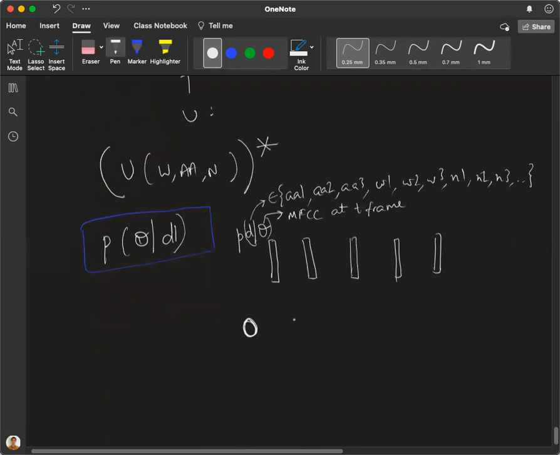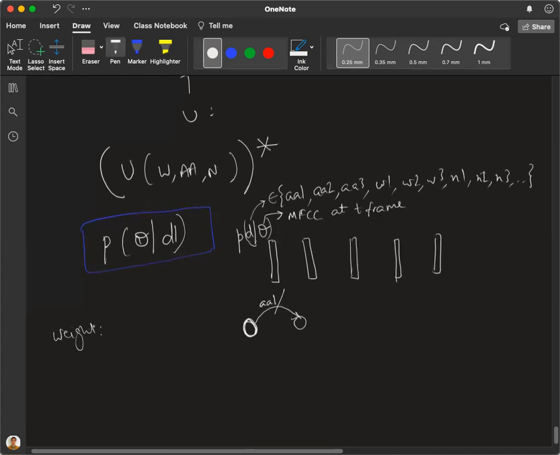Now, how do I model this? I will use an arc to model each frame. Let's say from here to here, for R1, it has a weight. So what is the weight in your trellis, in your Viterbi algorithm? What is the weight?